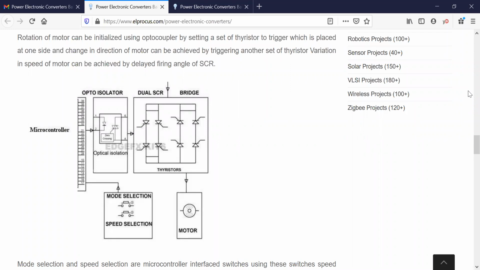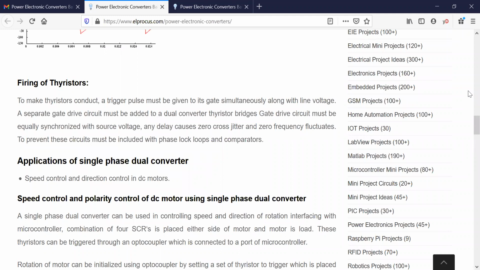So when we are talking about speed control and polarity control of a DC motor using a single phase dual converter, we use it to control the speed, and we use it to control the rotation, interfaced with the microcontroller.